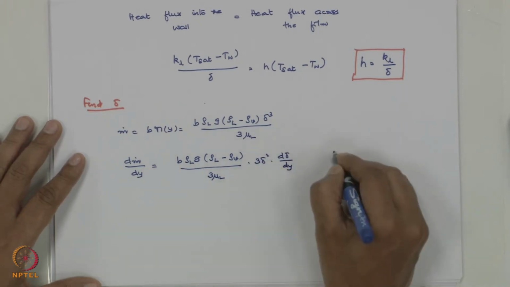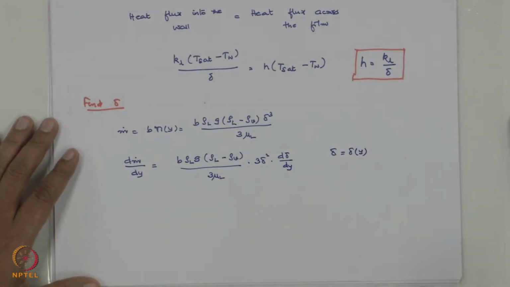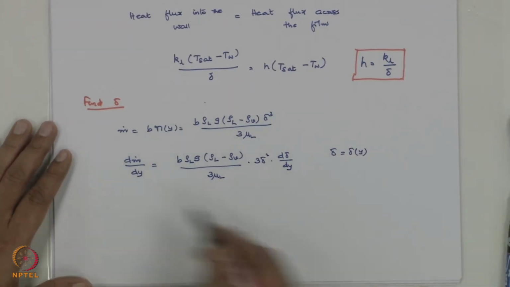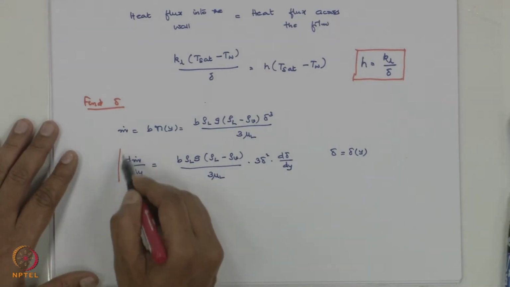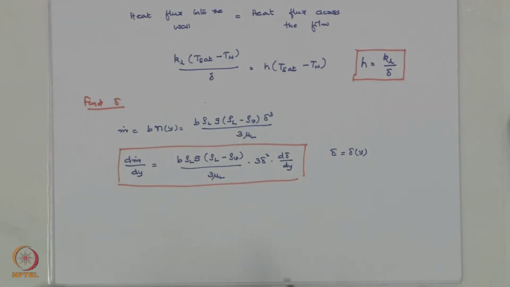Remember, delta is a function of y. So this is what you get for dm dot. The dy gets cancelled out.